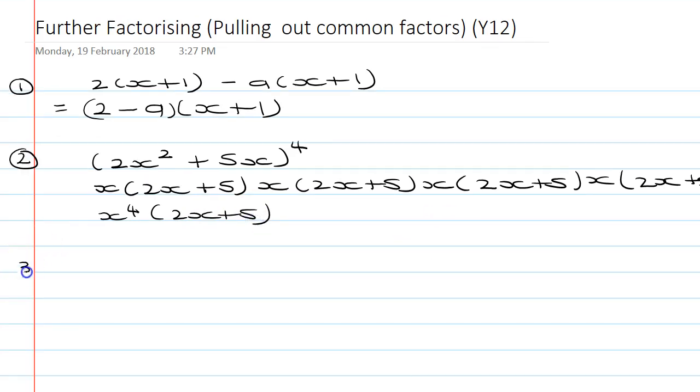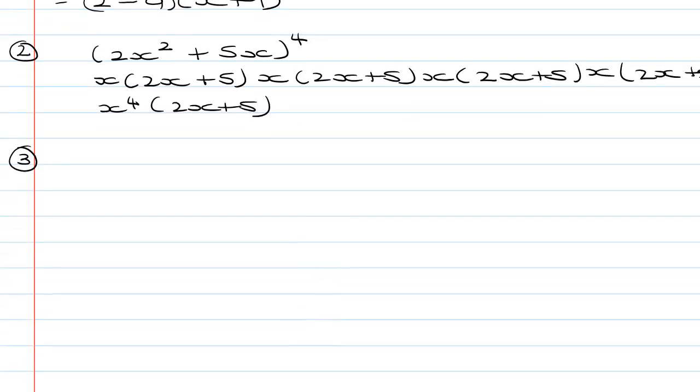Okay, let's look at an example where you may be using the chain rule, for example. If you've used the chain rule, we're often left, once we've done the correct derivatives, with long expressions like this. And what we have to recognise is, are there any common factors that we can pull out, and what's the highest common factor we can pull out?